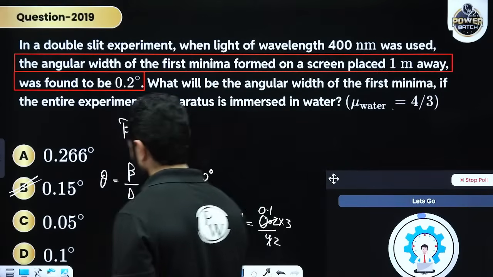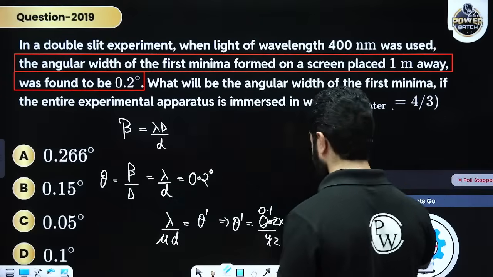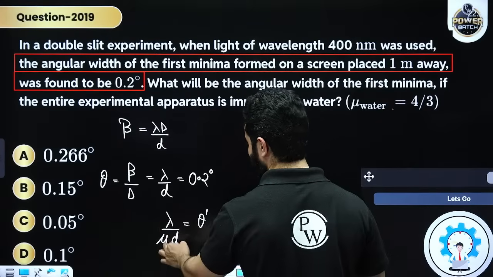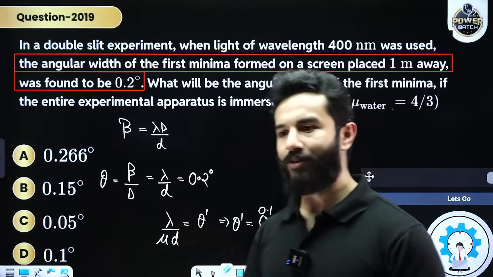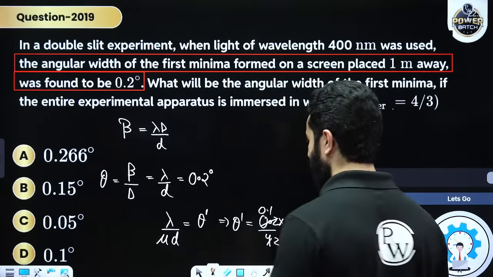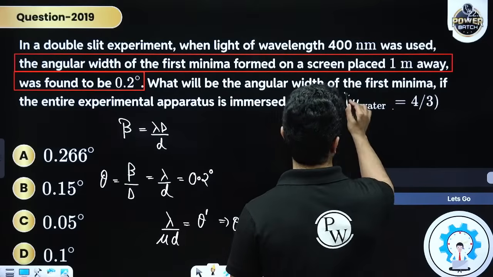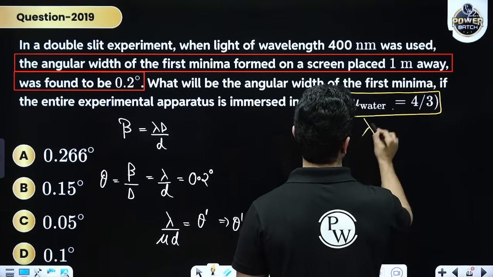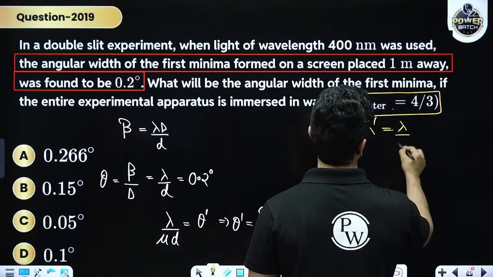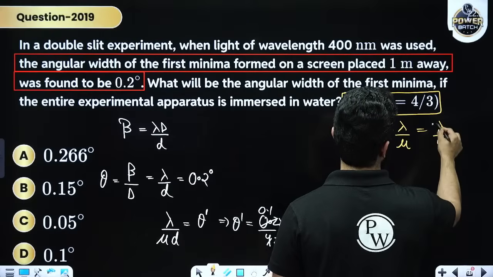Why? Just a second. Check. If you are going to dip it in water, the wavelength will change. Wavelength will become lambda divided by mu, where mu is 4 by 3.